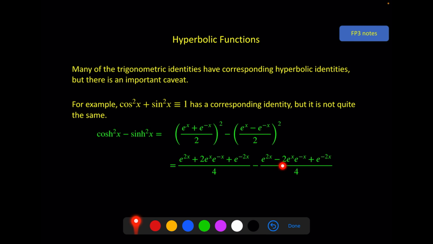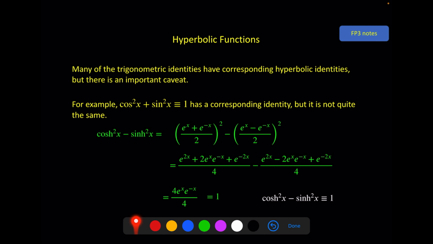Minus 2 becomes a 4, e to the x e to the minus x over 4. And of course e to the x e to the minus x cancels to give me 1, and the 4 and the 4 cancel as well, so that is equal to 1, regardless of what x might be. So here is the corresponding hyperbolic identity for this trigonometric identity.